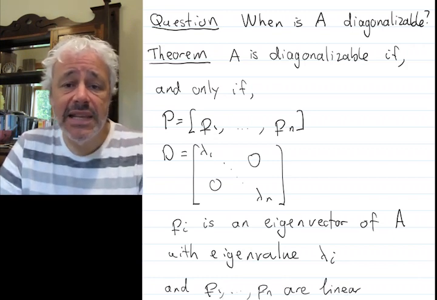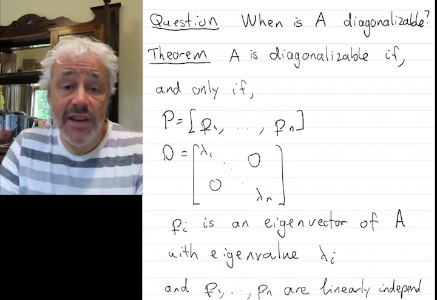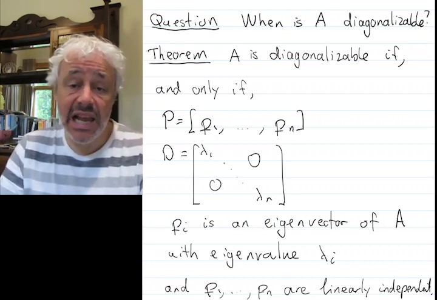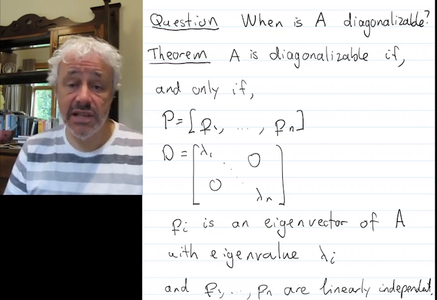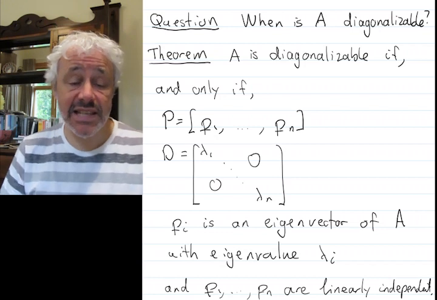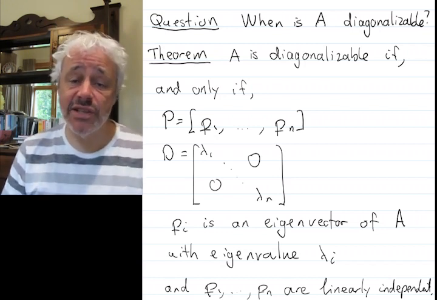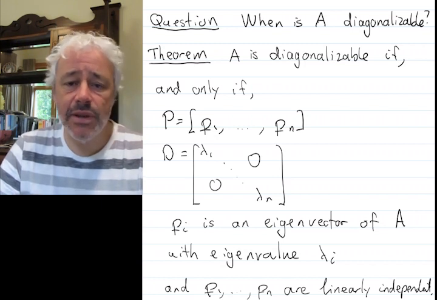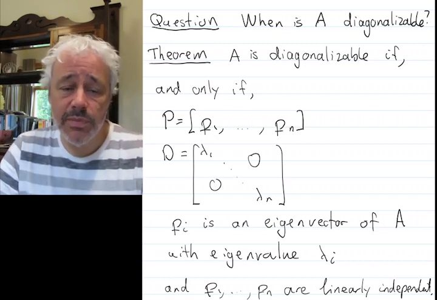So it's a complete description. If you have n linearly independent eigenvectors, then your matrix is diagonalizable and you know the transformation that diagonalizes it. If it doesn't have n linearly independent eigenvectors, then it's not diagonalizable. It's a complete answer. Now this theorem is so important that we're going to prove it right now.